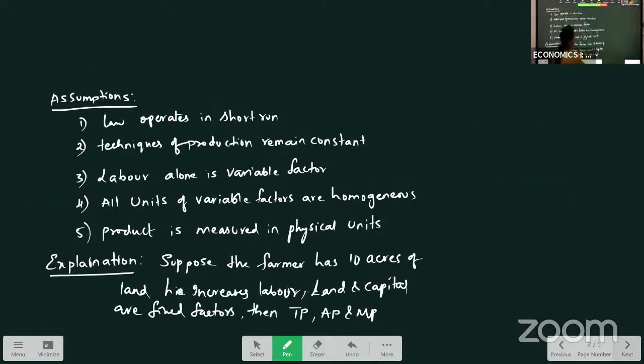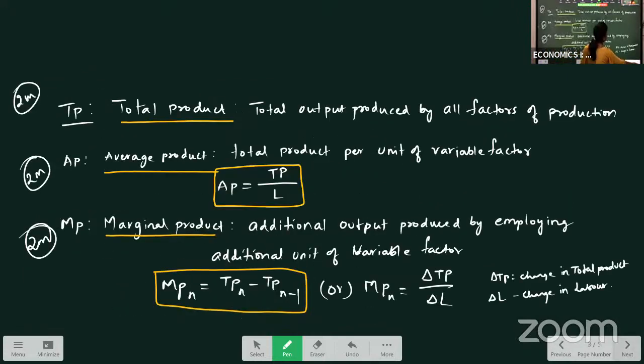Just go through, and it is a compulsory LAQ from exam point of view. After law of diminishing marginal utility, you will be getting the question that is law of variable proportions. Okay, so just be thorough with this answer. If you have any doubts, you can comment and ask, clear your doubts.